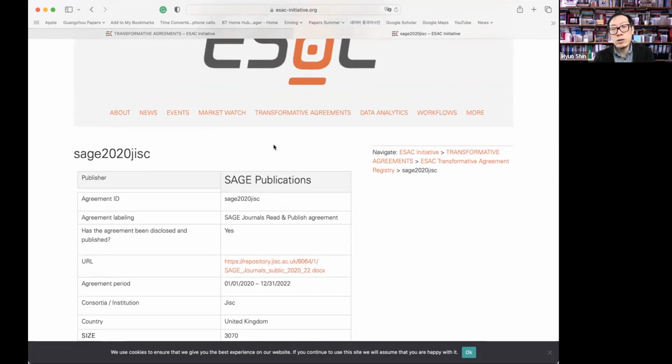And if you are an employee working for one of these universities, then when you have a paper accepted by Urban Studies and you have authored this paper as a corresponding author, then basically, as long as the funding remains, you can have your paper published as open access by Urban Studies on the basis of this agreement between SAGE and JISC that has your university as a member.